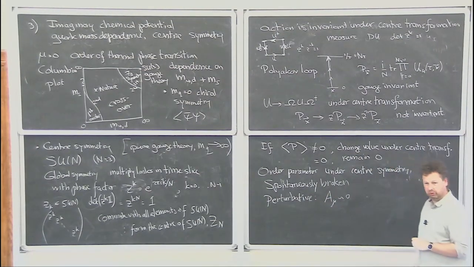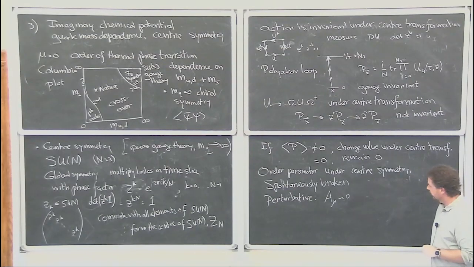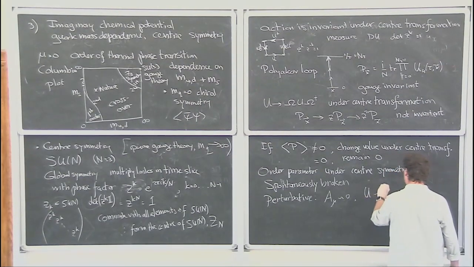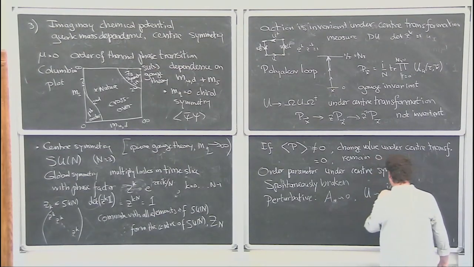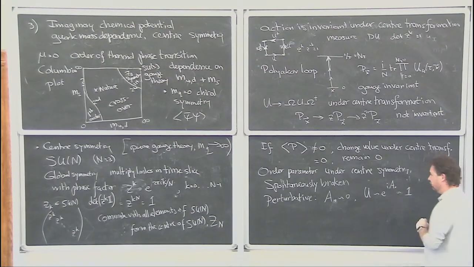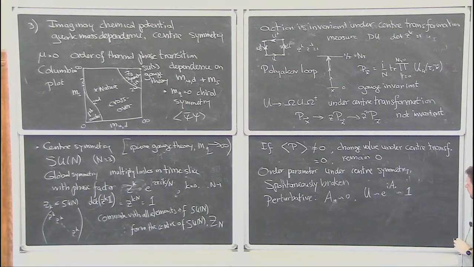If fields are small, you can do perturbation theory. So vector potentials are close to 0, but that means that links, which are e to the i a_nu, are close to 1 then. So perturbative QCD corresponds to links being close to 1.